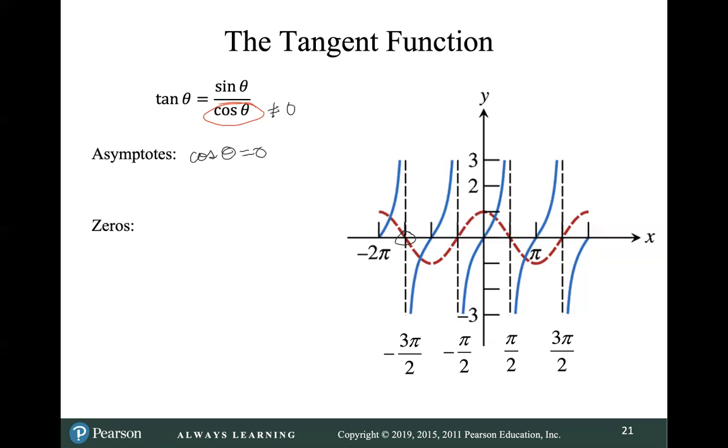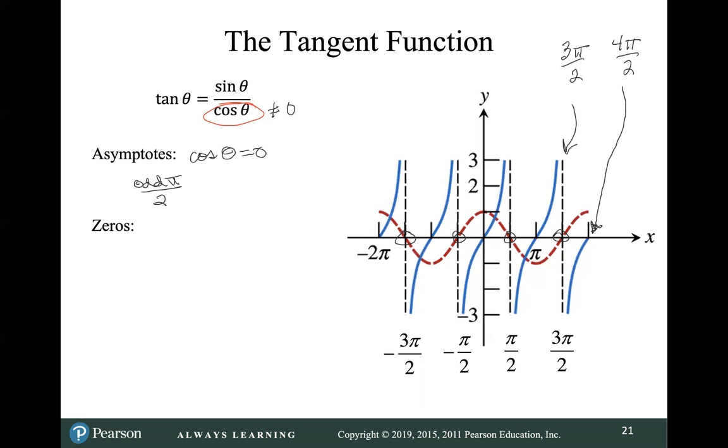And notice that happens at all of our pi over 2s: pi over 2, 3 pi over 2, 5 pi over 2. So the way we can say that is odd pi over 2, because if it's an even pi over 2, it would simplify, right? If I had 3 pi over 2, there's a vertical asymptote. If I have 4 pi over 2, no vertical asymptote, that's actually a 0.